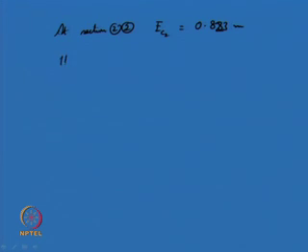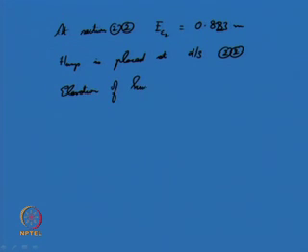Also, a hump is placed at downstream, that is section 2. The elevation of the hump as per the data is equal to 0.12 meter. Therefore, the specific energy at section 2, at the downstream, is nothing but the specific energy at section 1 minus del y.